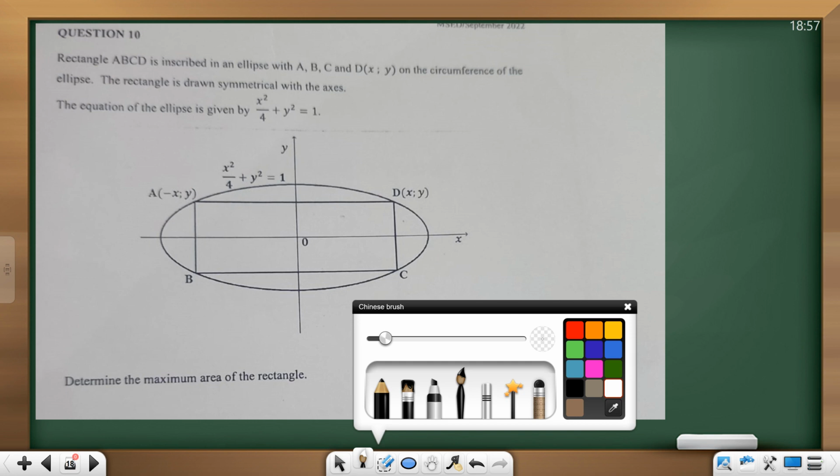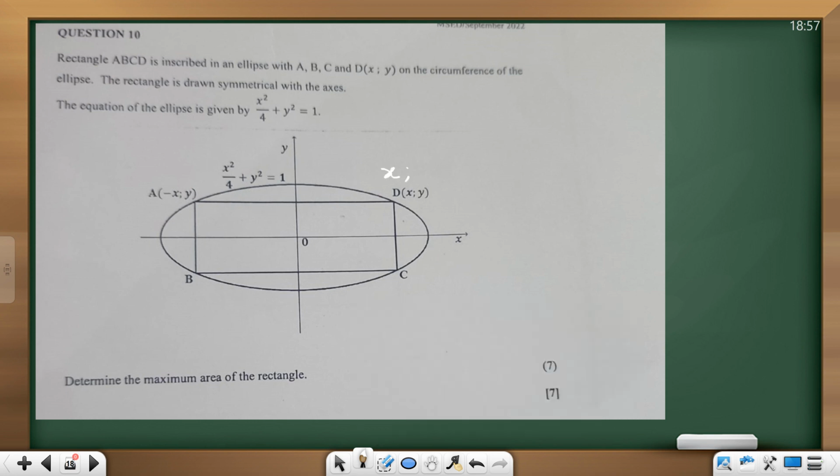Can we find y? x squared over 4 plus y squared equals what? 1. What is y squared? 1 minus x squared over 4. What is y? The square root of 1 minus x squared over 4. Does that make sense?